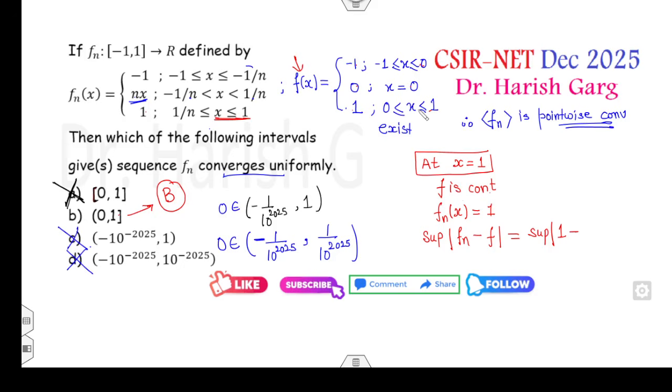What is the value of f(x) at x is equal to 1? It's 1. Clearly, it goes to 0 as n approaches infinity over the complete domain -1 to +1. Therefore, by the Mn test, the f_n converges uniformly. It contains 1. So the right answer is B is my right answer.